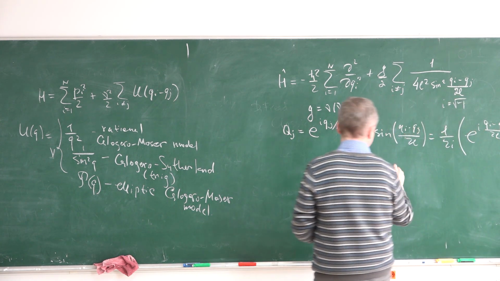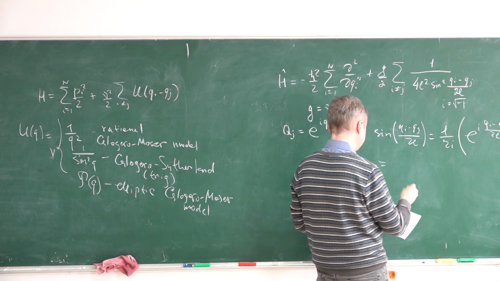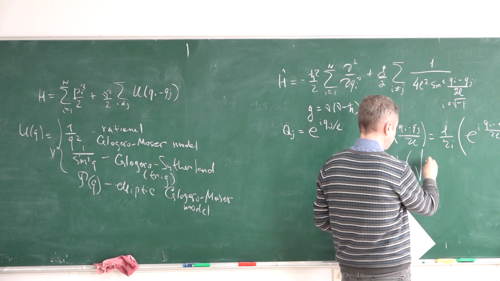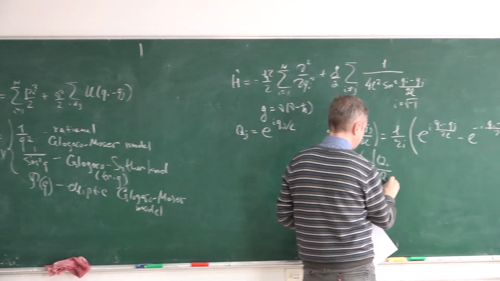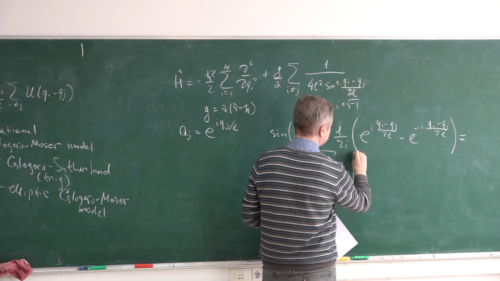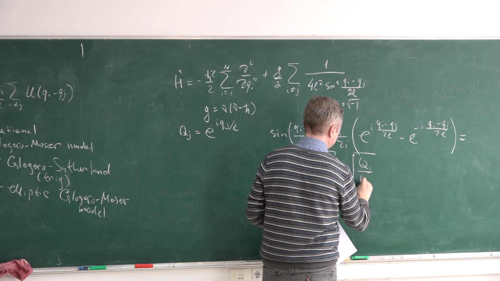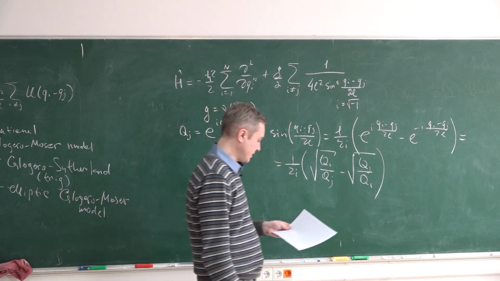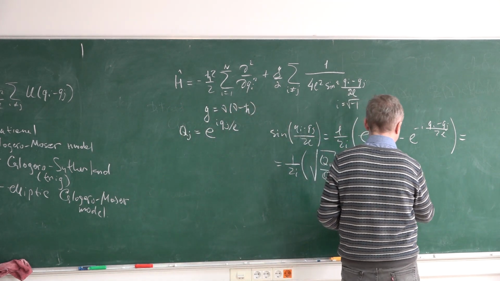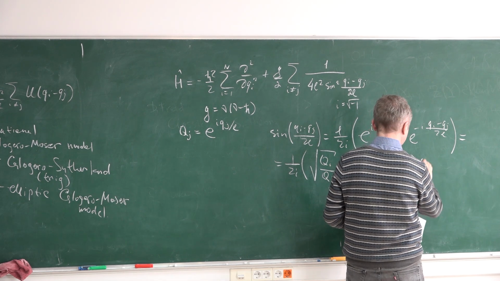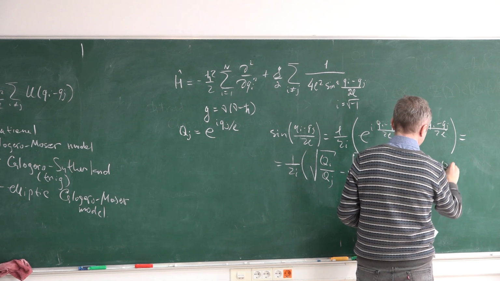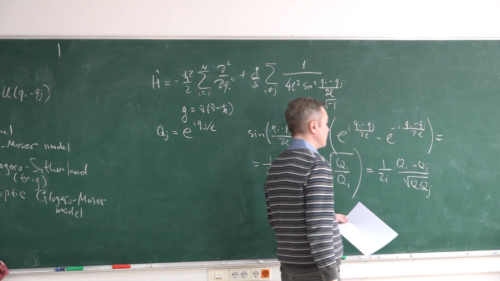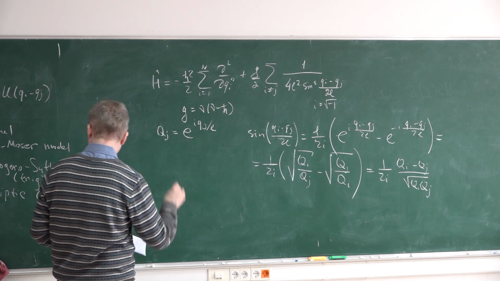And now we may write it like 1 over 2i, square root of qi divided by qj, minus vice versa, qj divided by qi. And finally we have 1 over 2i (qi minus qj) divided by square root of the product.